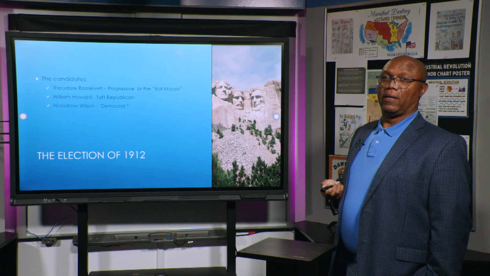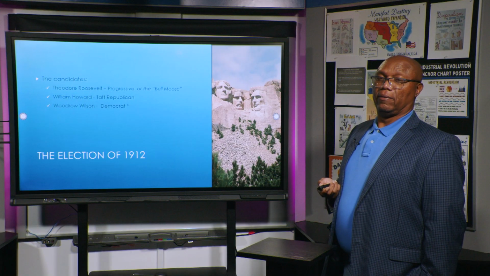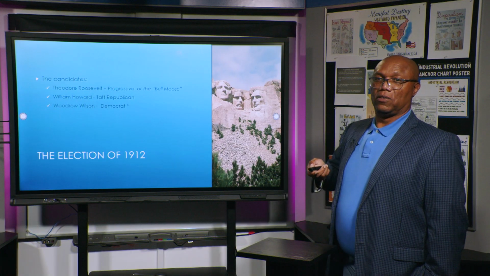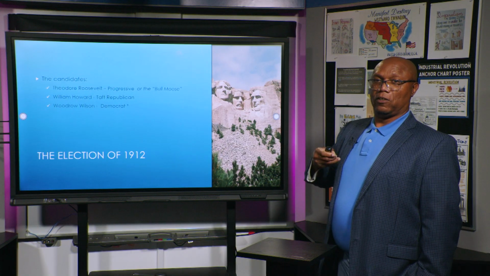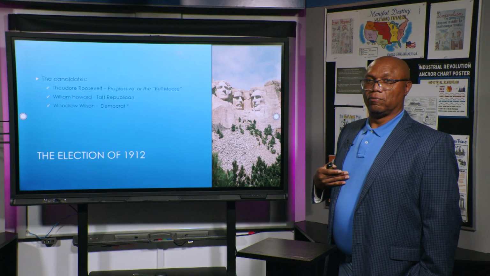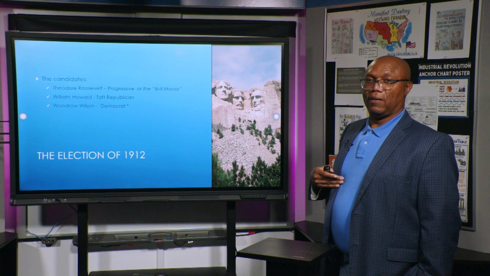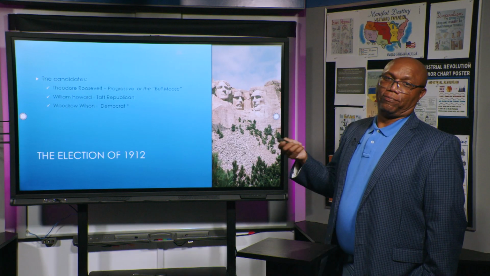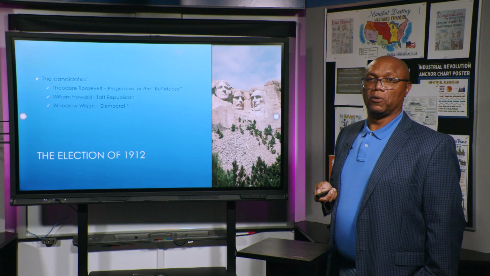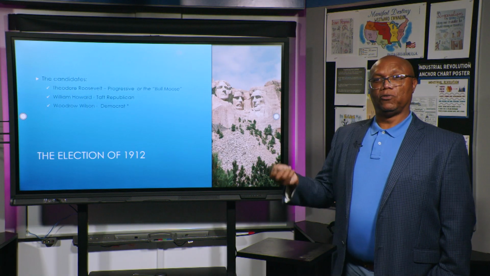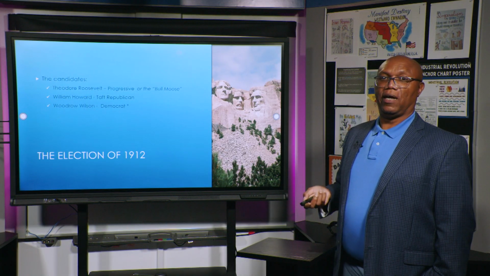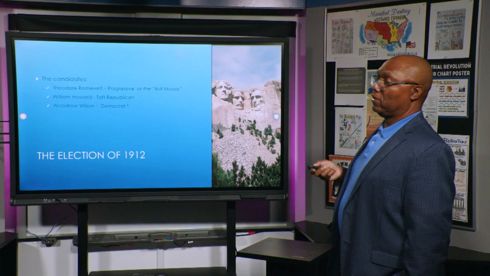Even though he was shot during the speech, he finished his speech, shirt red with blood, and he nicknamed himself the Bull Moose because he was strong as a bull moose, and because when he was shot, he was able to continue and finish his speech.